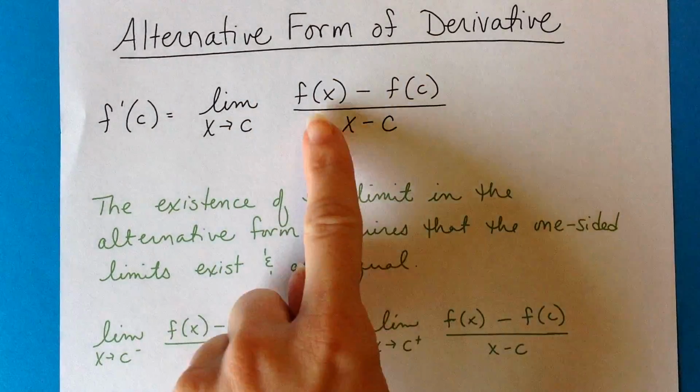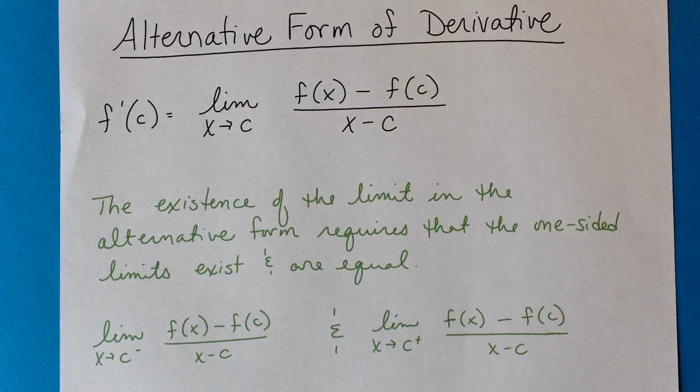But our limit definition here is a little bit simpler than what we were using earlier, but 95% of the time you do have to use the earlier definition instead of the alternate form. When they want you to use the alternate form, they have it in a separate section of your homework that specifically says in the instructions to use the alternate form, so you won't have any confusion as to when you need to use this.